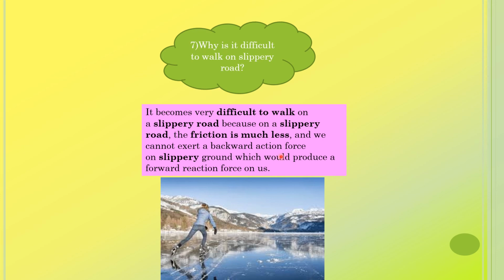If you are getting less forward push, then you will not be able to walk easily, right? So it becomes very difficult on a slippery road because the friction is very, very less and we cannot exert a backward action force on the slippery ground, which would produce a forward reaction force on our body for us to move in the forward direction. Am I clear? So this is because of the less friction.